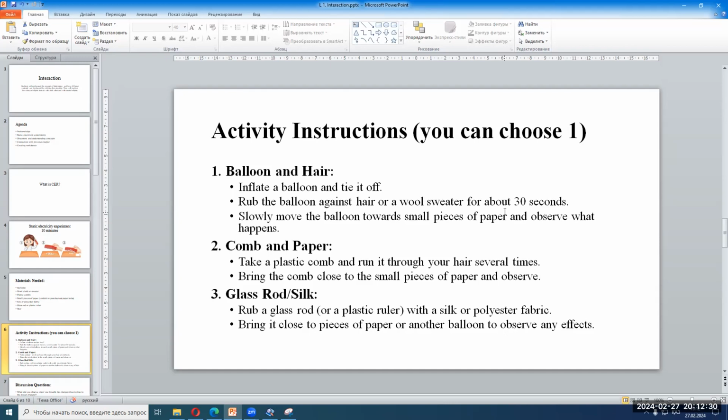So we can discuss why this pencil attracts small parts, and this pencil doesn't attract. So what do you think? I mean, all of you. The materials, materials of the pencil.